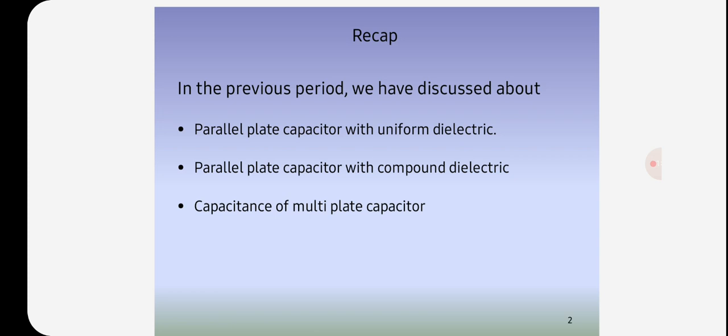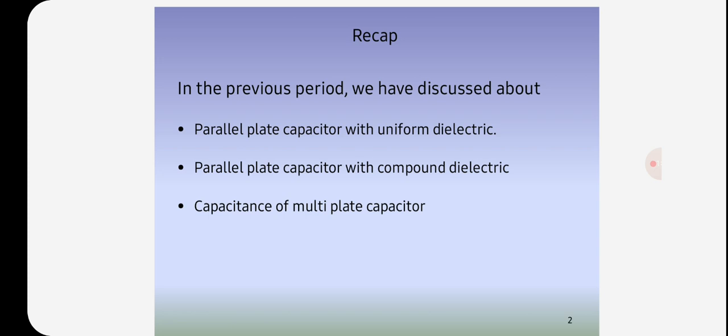Capacitance is the property of a capacitor to store electricity. The charge Q on each plate of a capacitor is directly proportional to the potential difference V between the two plates. Here Q is directly proportional to V, that is Q = CV, so C = Q/V.